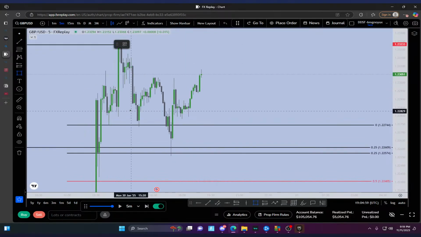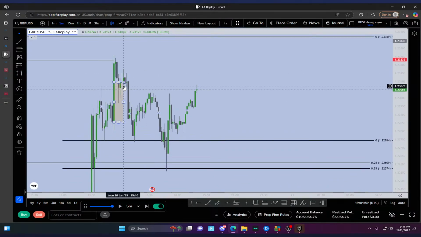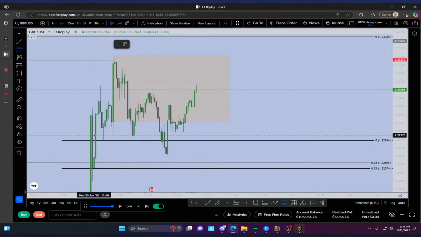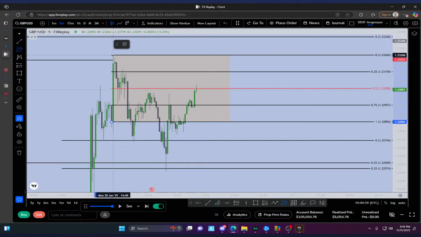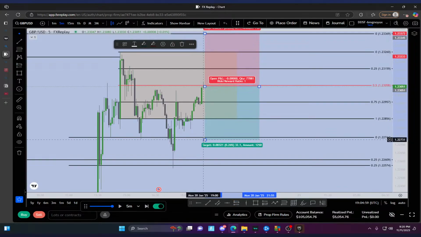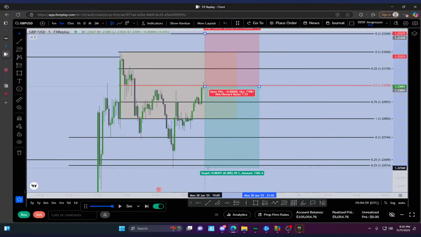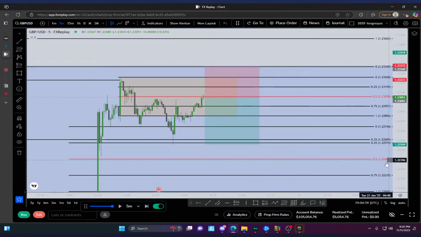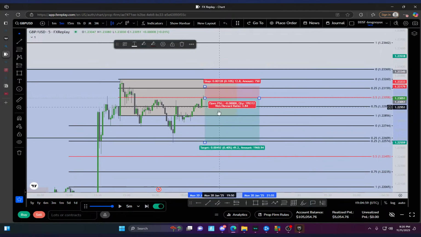Then I want to see us keep on respect this whole buy to sell area and respecting the quadrants. So we just hit 50%, and now we have something like this, and then like I said, this is a manipulation fair value gap, a fair value gap with a lot of manipulation.